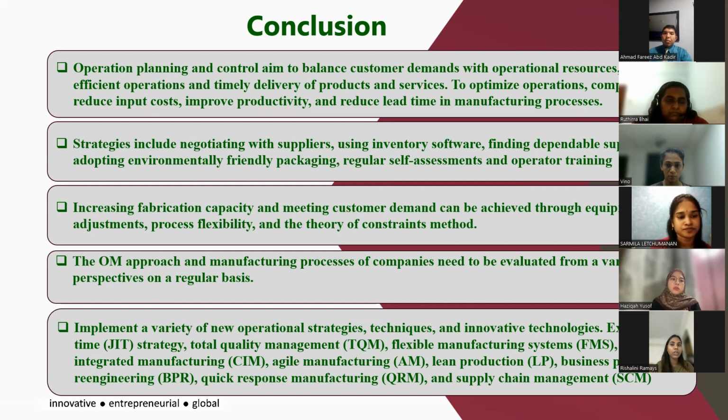To begin, we can negotiate with the supplier, which results in a better deal on material requirements, such as bulk order, discount, and prompt payment. Secondly, we can utilize inventory software to purchase only the necessary material in the proper quantity, which can help in stock needs. Also, finding a dependable supplier is critical for the raw material.